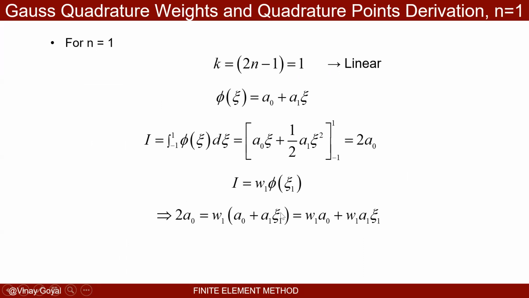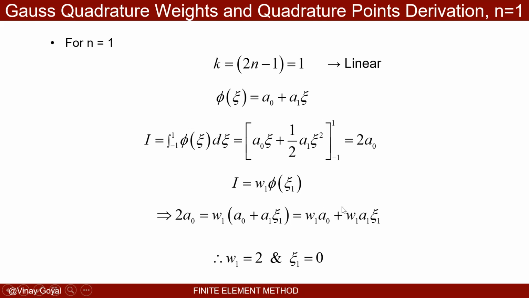And when I plug it in there, I have to equate that to 2a naught, which came from this integral here. And so that forces me to figure out how this compares to that. When I multiply this by that, I can now relate coefficients, okay?